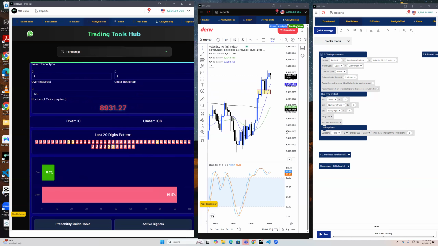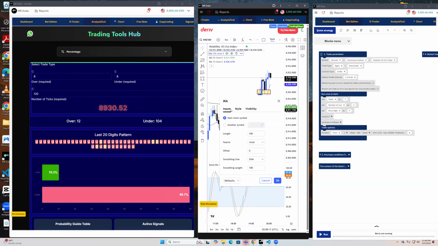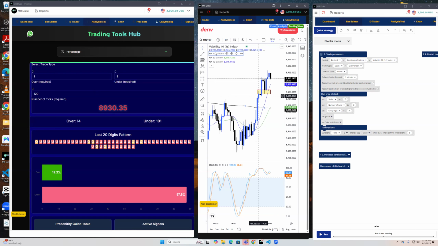From the chart, these are the conditions. When you set 3 moving averages, one with a length of 100, these are my settings. You can screenshot maybe. Length 100, source close, offset 0, smoothing line set to EMA, exponential moving average, and the smoothing length set to 100 for the first scenario.